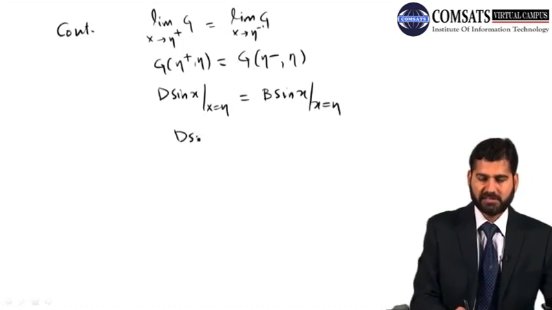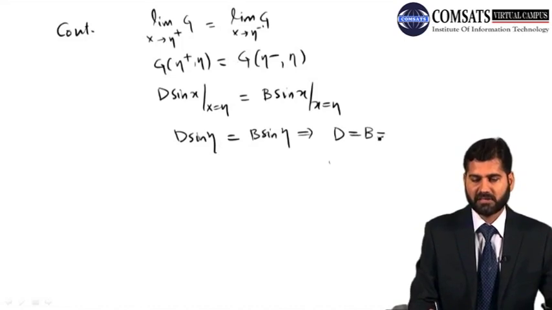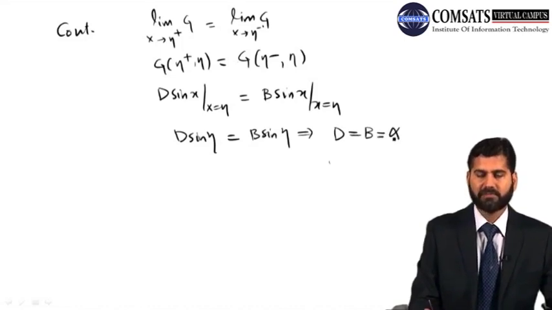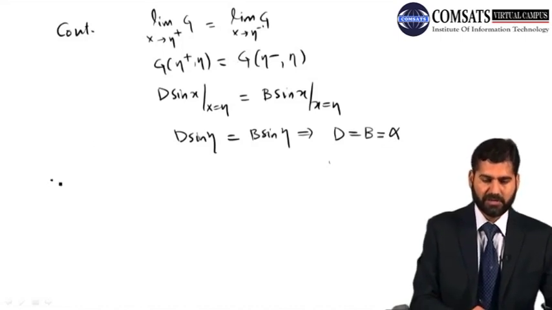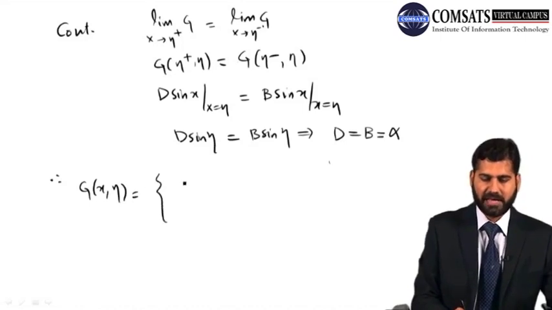So that is d sine eta is equal to b sine eta. So this implies that d is equal to b. If d is equal to b, then you can call it, let's say, alpha, right? So therefore g(x, eta) will become alpha sine x and alpha sine x.